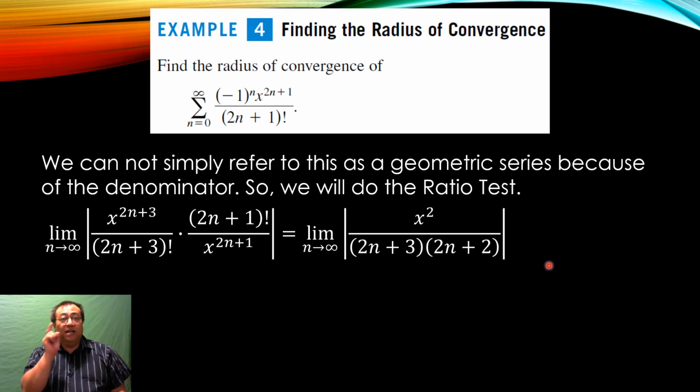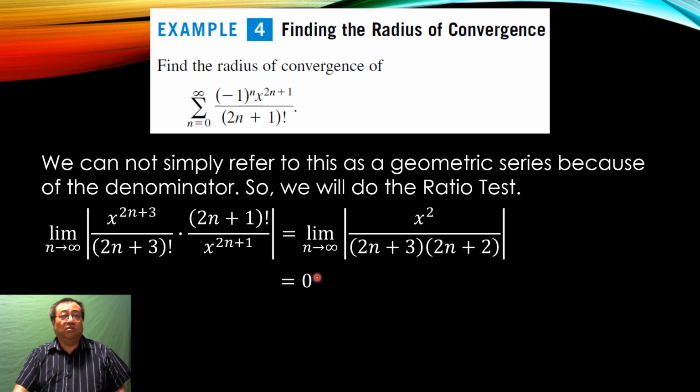Alright, so now, let n go to infinity. As n goes to infinity, what happens to this expression? Well, it goes to 0. How's that? Well, x is fixed, remember. x is not a variable in this limit. It's fixed. It could be a million. It could be huge, but it's fixed, while the denominator is getting infinitely large. When the numerator is fixed and the denominator is infinitely large, then the limit goes to 0.